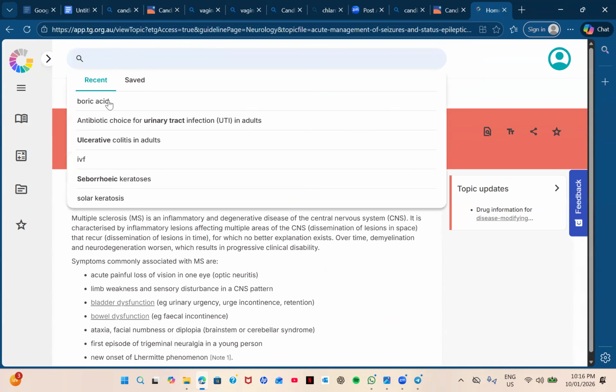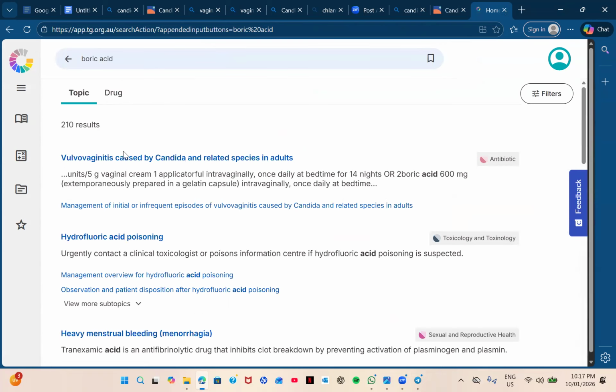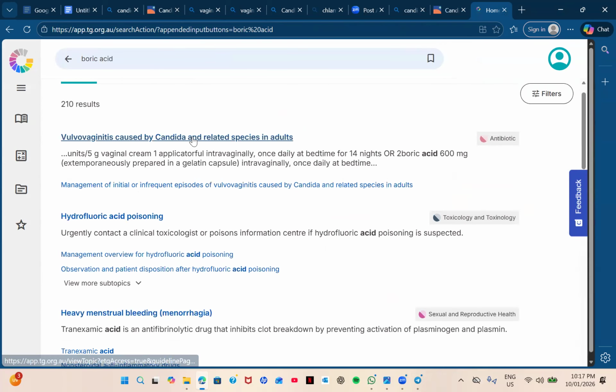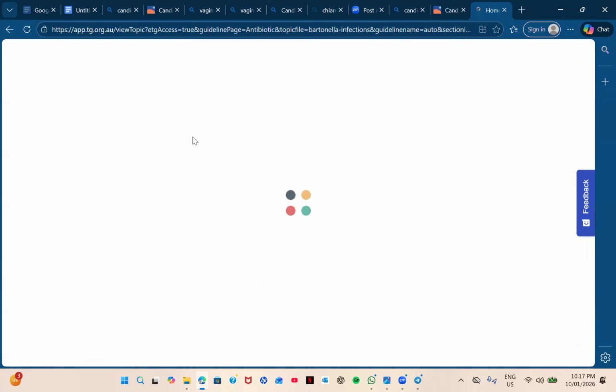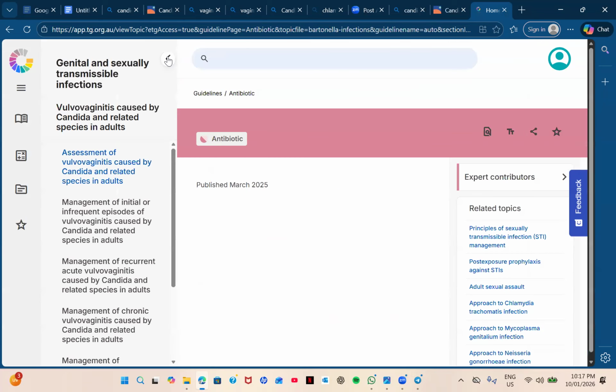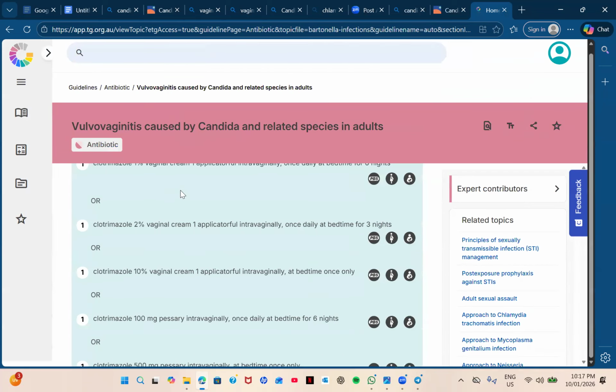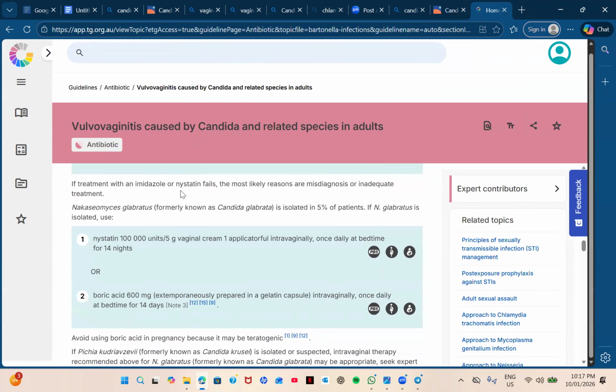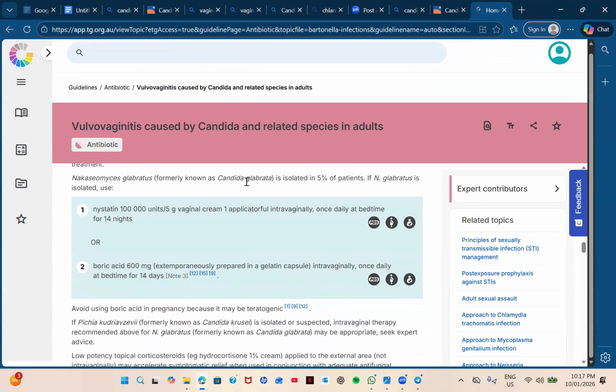I'll show. Here, Candida glabrata. Okay, this is another species.